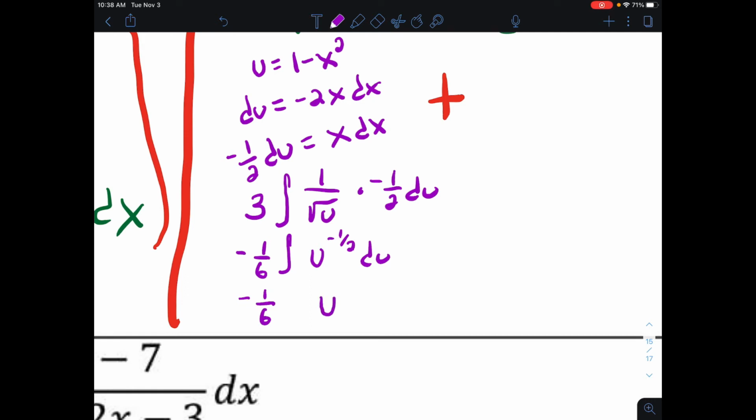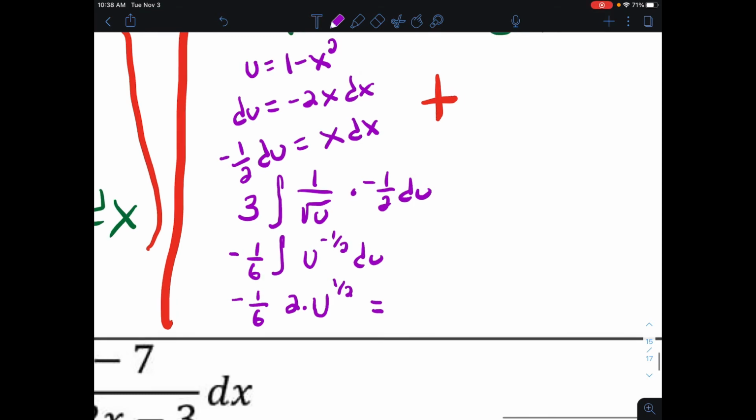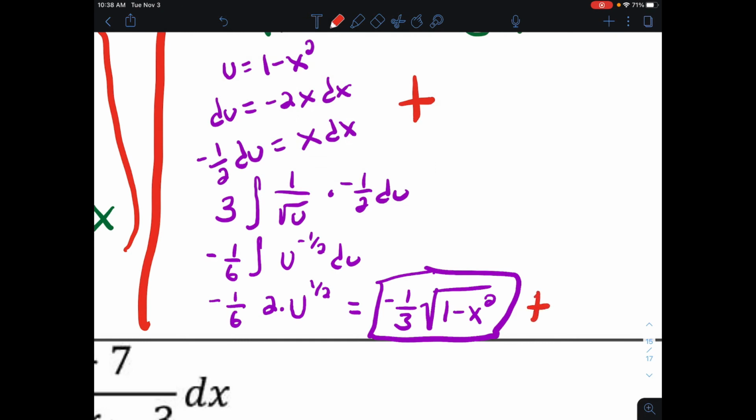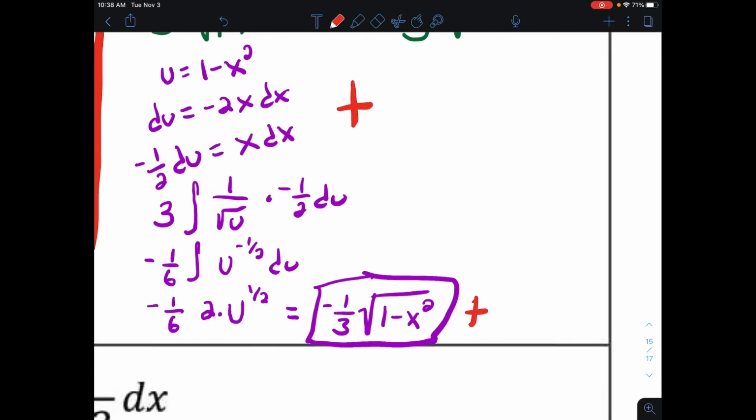We would increase the exponent by 1, so that'd be u to the positive 1/2 divided by 1/2, so I'd multiply by 2. And now that we have a form of an antiderivative, we would plug in. So we'd end up with negative 1/3 times the square root of 1 minus x squared for that first piece that we want to combine with our second piece.